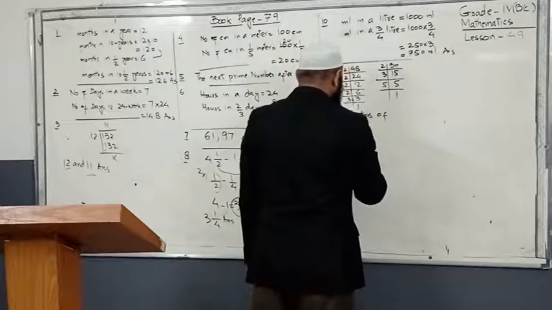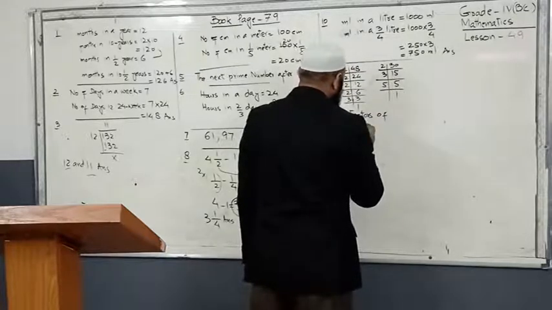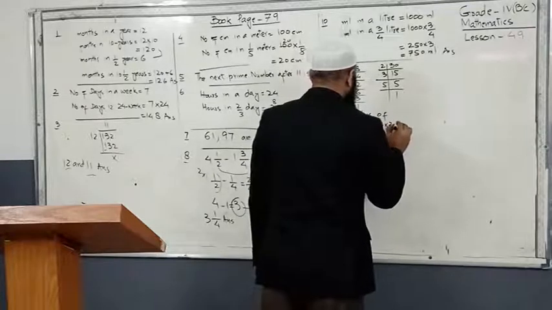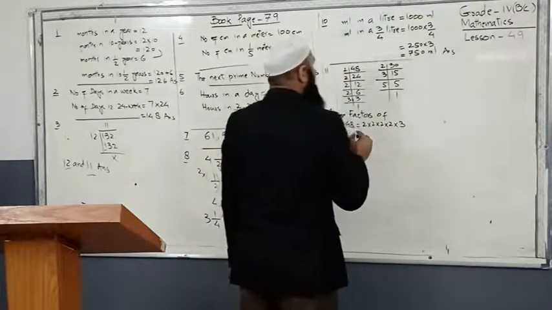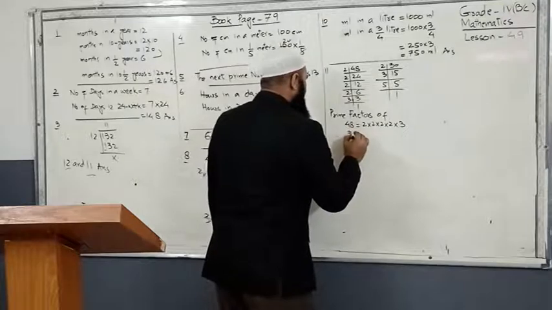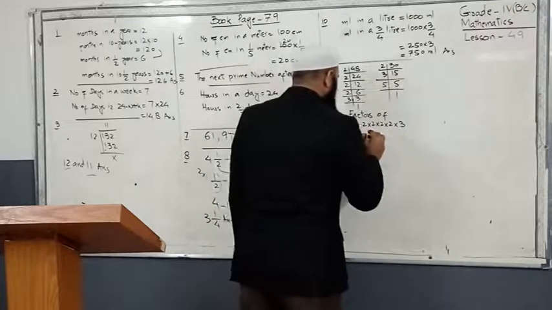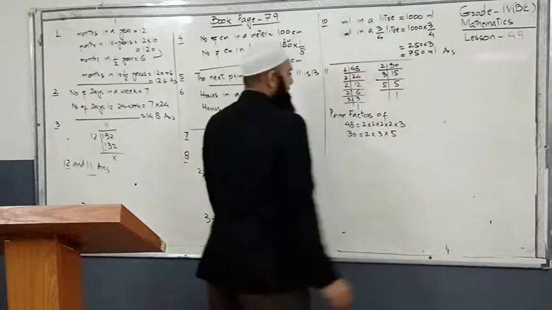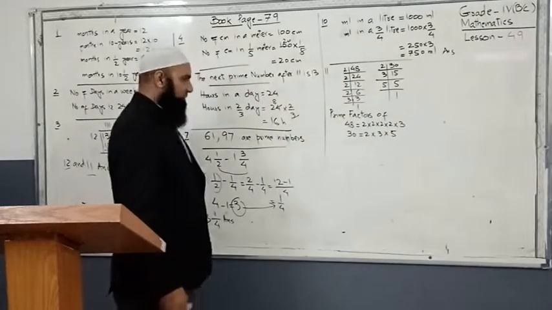Prime factors of 48 are 2 multiplied by 2 multiplied by 2 multiplied by 2 multiplied by 3. And prime factors of 30 are 2 multiplied by 3 multiplied by 5. Now see the common factors.